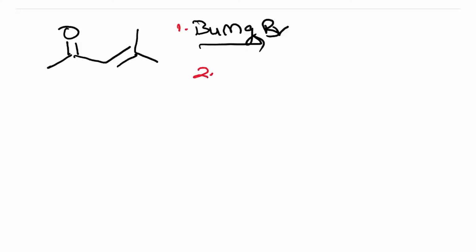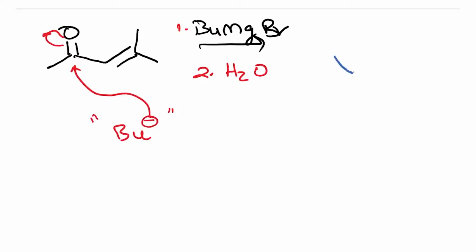The second step is basically addition of water. Again, a similar mechanism is proposed. So you have Bu minus, in principle, attacking here and producing the addition product. You would expect OH, Bu, and this is the double bond.